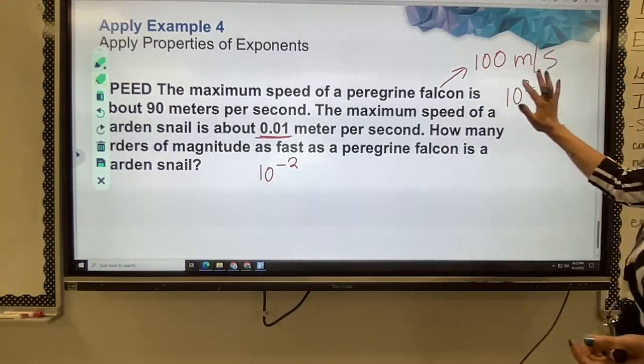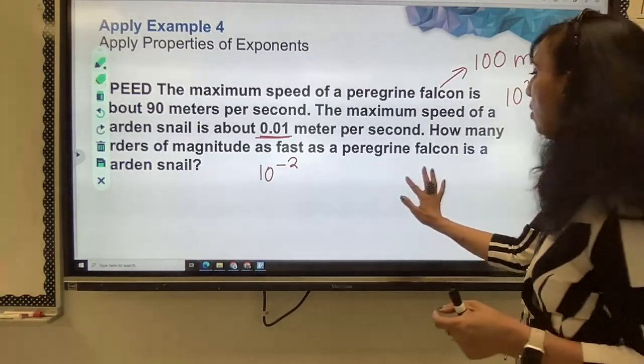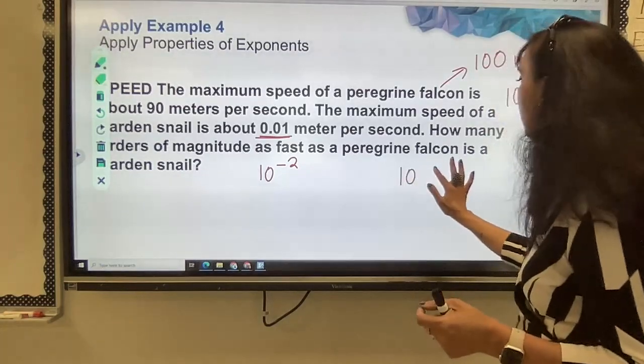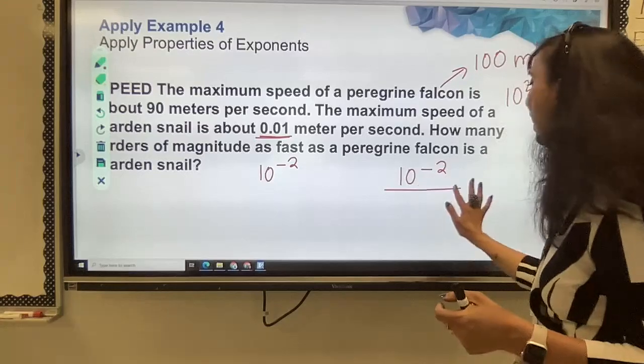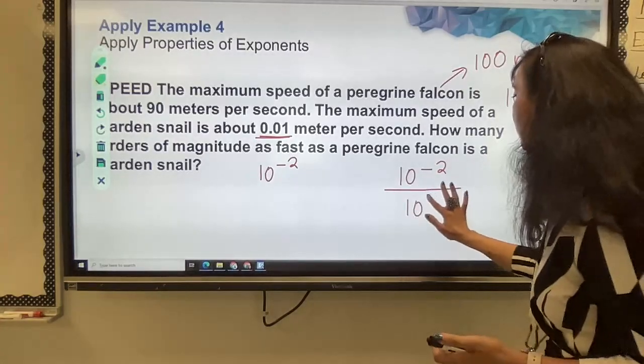Because 10 times 10 is going to give me 100. And then I'm finding the ratio of the order of magnitude of the snail to the order of magnitude of the falcon. So, ratio of the snail to that of the falcon, which is 10 squared.